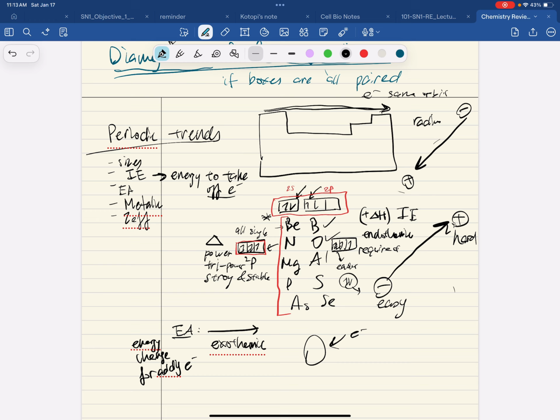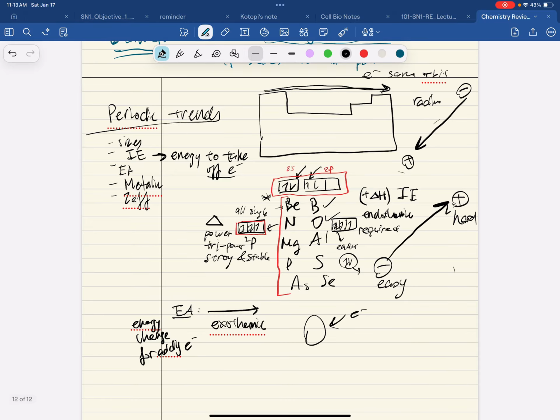Adding an electron is usually exothermic, as taking it off is endothermic, so it requires energy to take it off and will release energy when it is combined. And we say that it is more exothermic to the right because it is more electronegative.